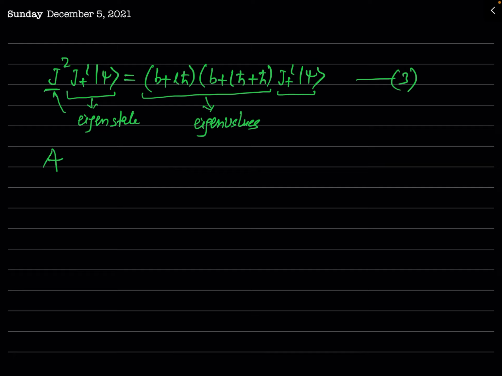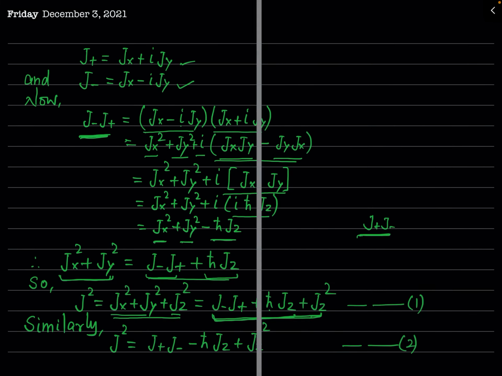So again you can say J square operated on J minus K ket psi. What will be this? Now here we will use the meaning of this J square operator defined in this equation 2.